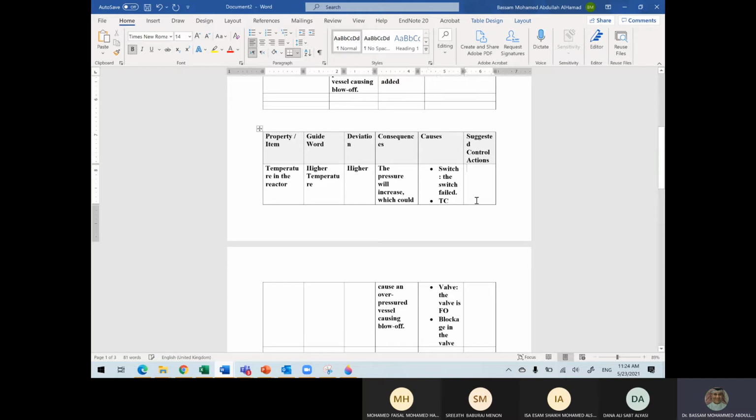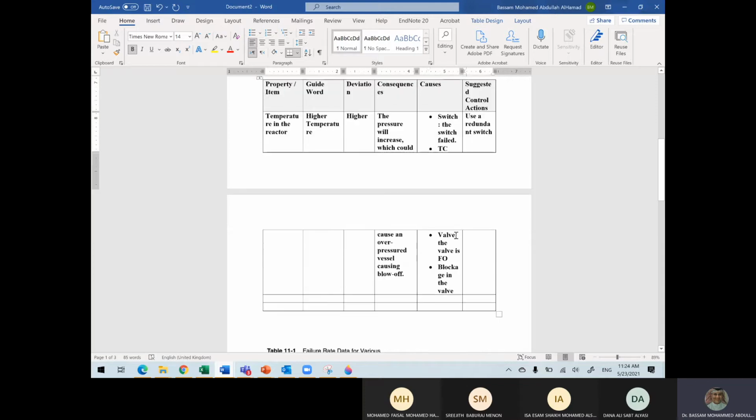So my suggested control action is to have a redundant switch. Temperature controller failed: I don't know if you want to put another temperature controller. The valve is fail open: the valve should be designed to be fail close.